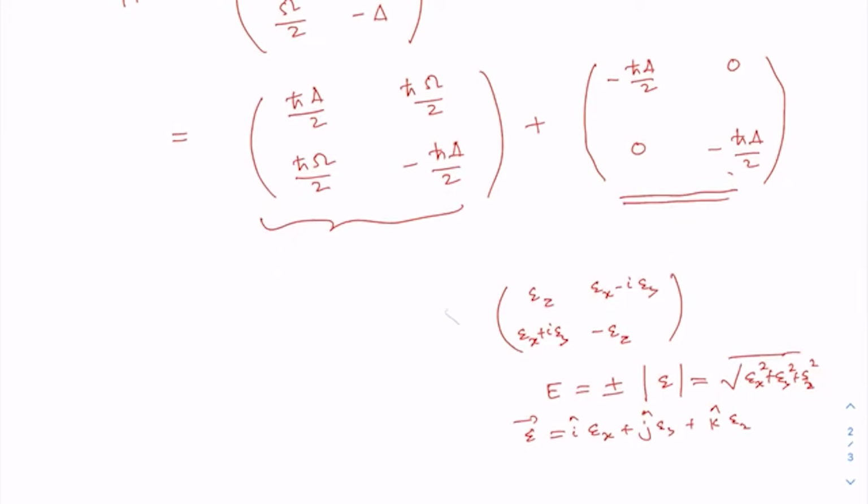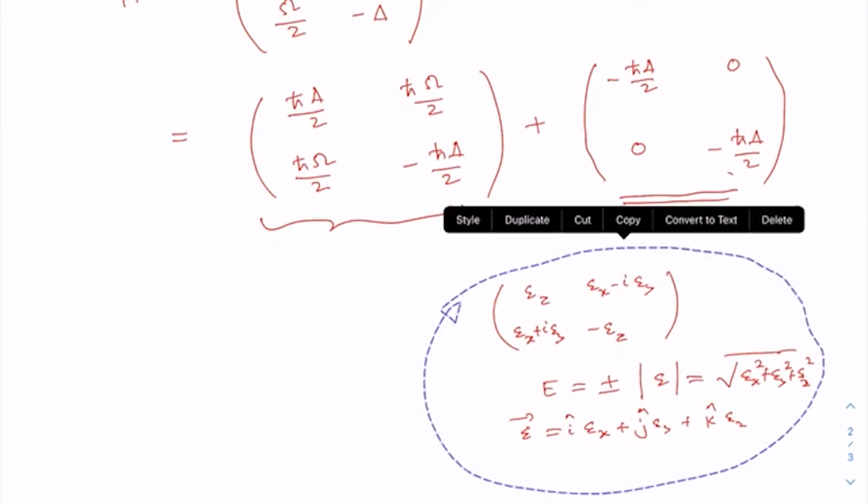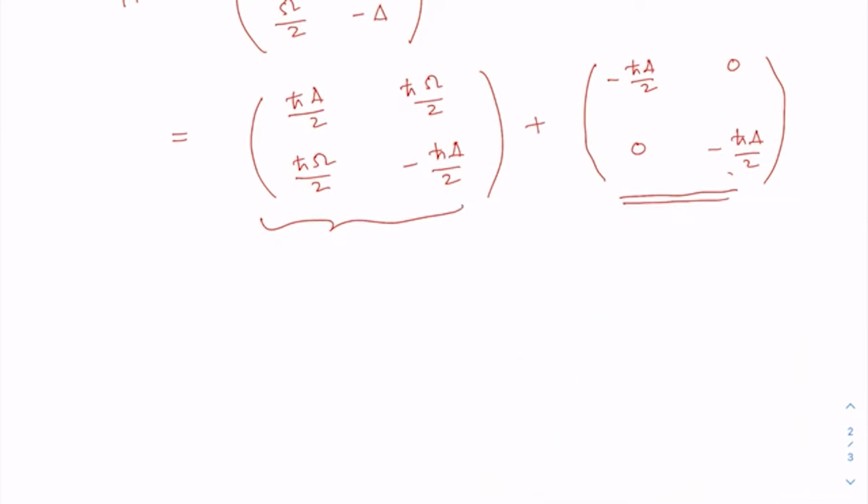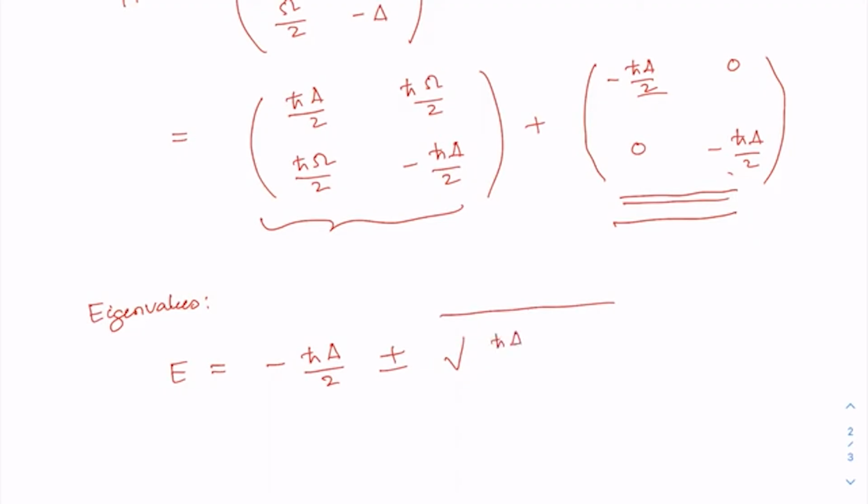So let me just remove this now. We can immediately write down the eigenvalues as this. E is equal to minus ħδ/2 from this part, and from this part plus minus the square root of (ħδ/2) squared plus (ħΩ/2) squared.